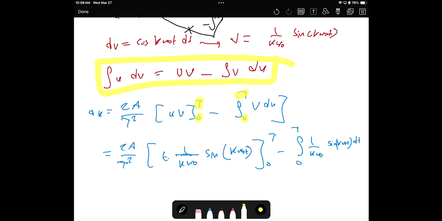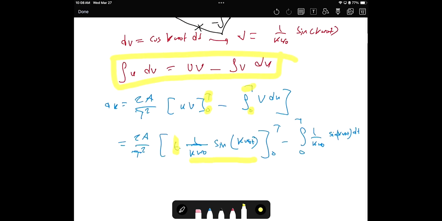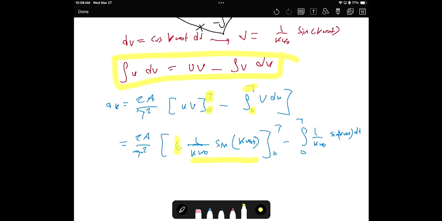Now let's substitute: u is t, v is 1 over k omega naught sine k omega naught t, and the integral of v is again 1 over k omega naught sine k omega naught t, with du equal to dt. Then we need to find this value. This is just calculus 2.